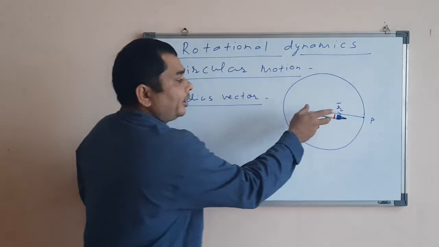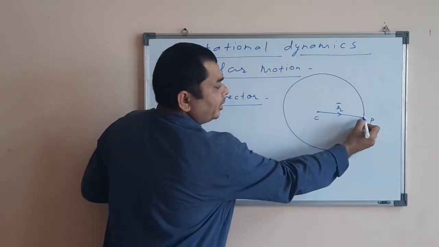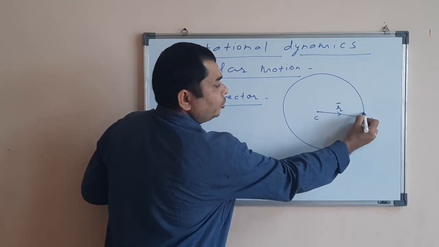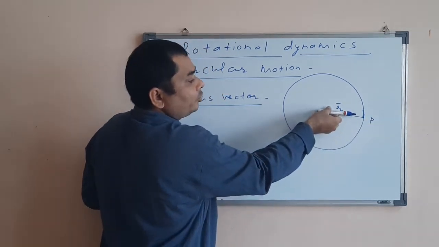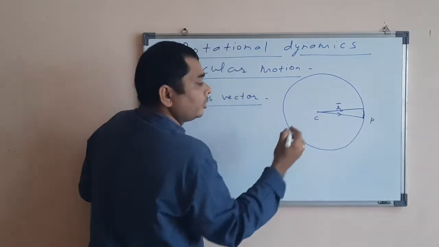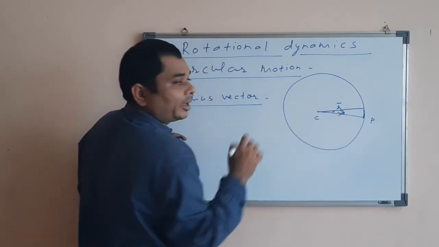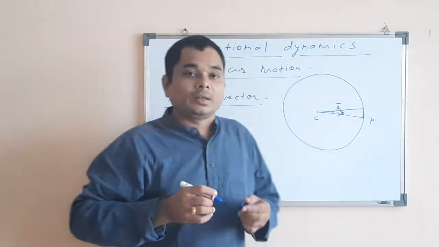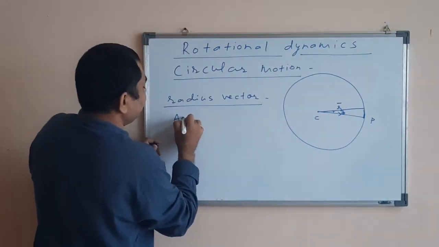Now when the particle performs circular motion, after some time it will move from here to here. So this radius vector is also moving like this. This angle that the radius vector is describing is called angular displacement.